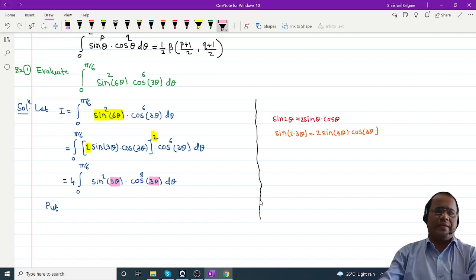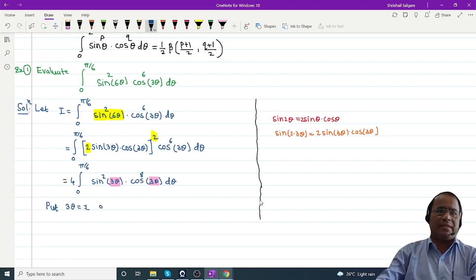You can use 3 theta is equal to x, y or t, whatever. Okay. So put 3 theta is equal to x, or the same thing we can write theta is equal to x by 3.